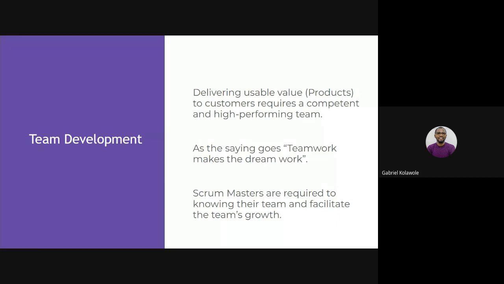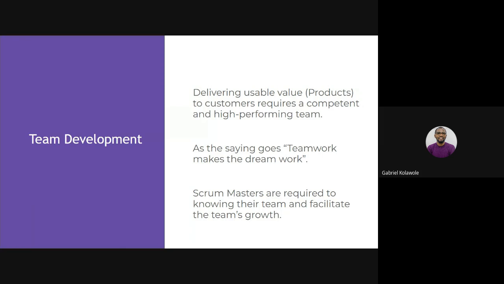The Scrum team. Anybody? Anyone? Sorry, do you mean the pillars of Scrum? No, the Scrum team now.